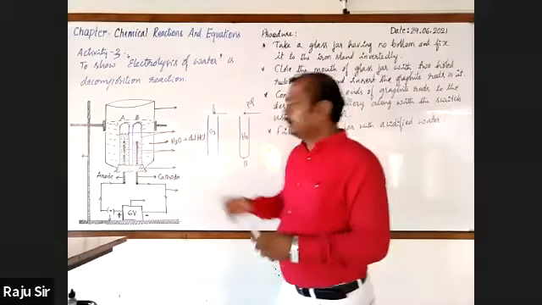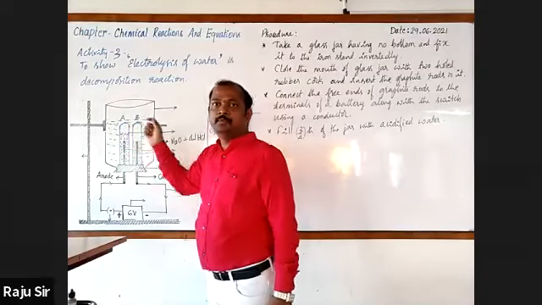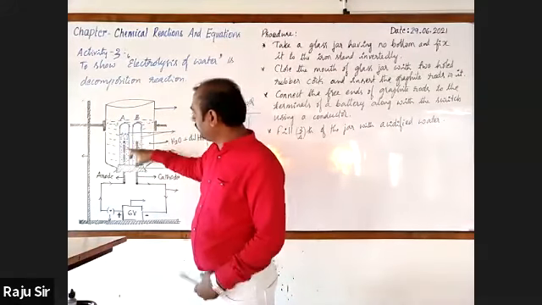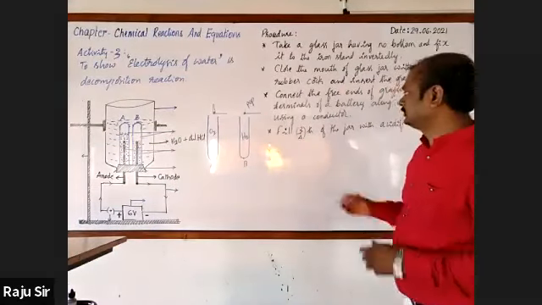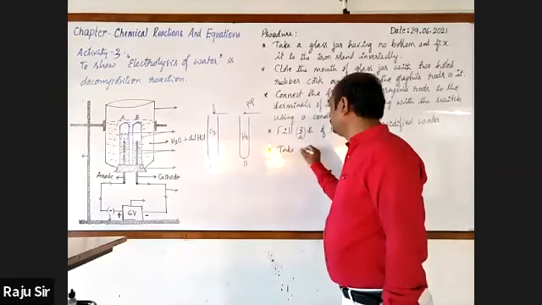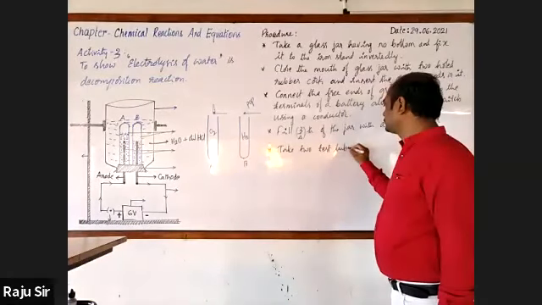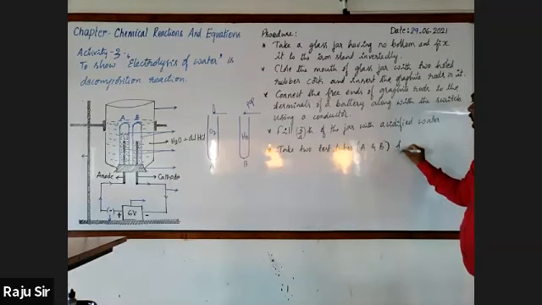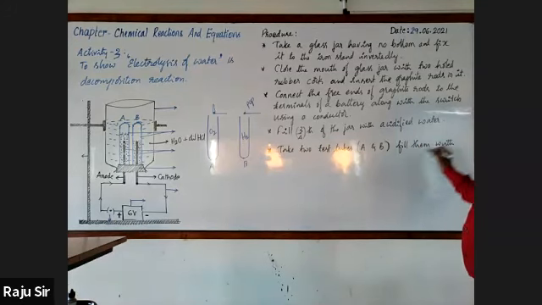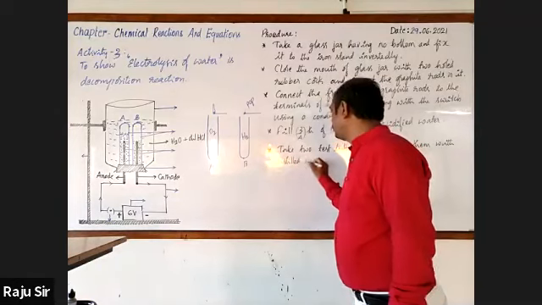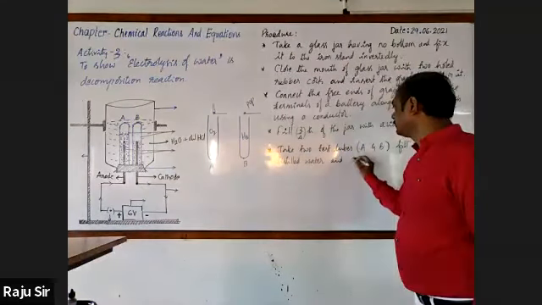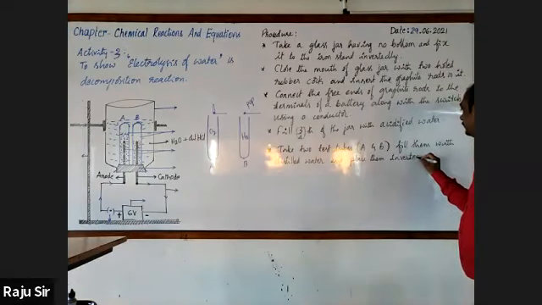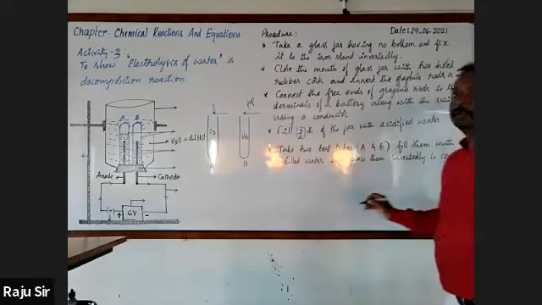Next point. Take 2 test tubes, in bracket you write A and B. Fill them with distilled water and place them invertedly to cover the graphite rods.